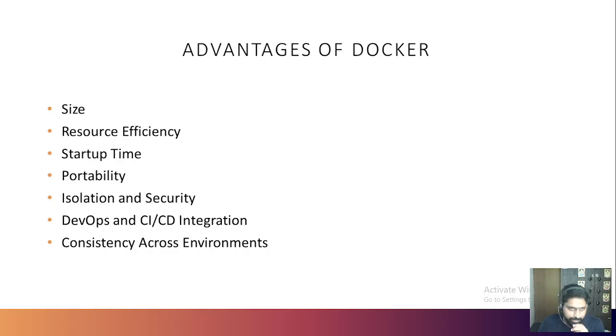So, isolation and security. I wouldn't say it's a complete advantage. You can isolate it, but again it will be connected with other containers. But in terms of security, your size is very small when you compare to a VM. A VM has about 10 GB, as I said, while these containers will have about 100 MB, probably less than that.